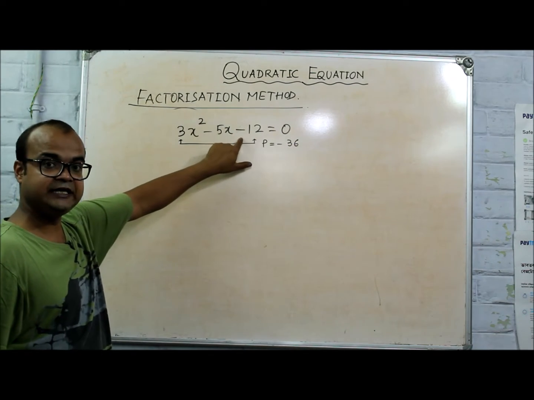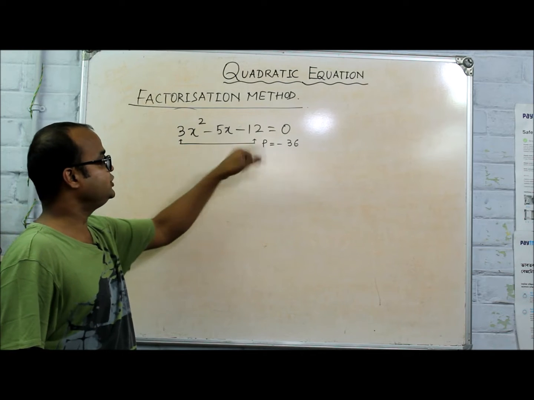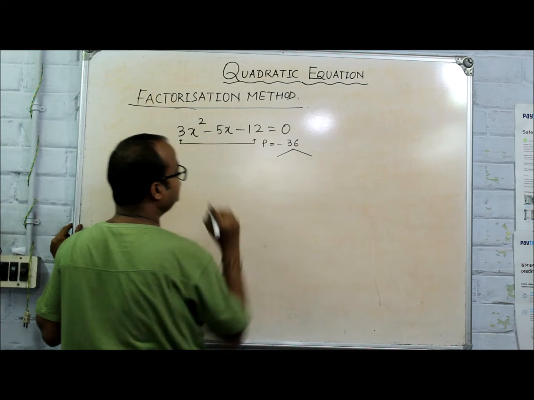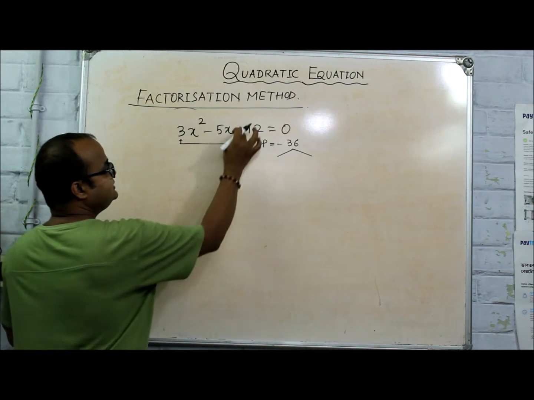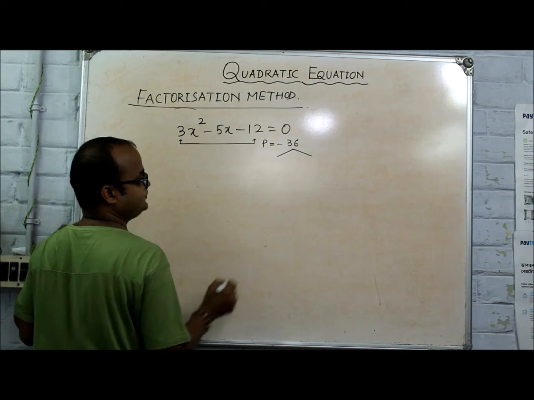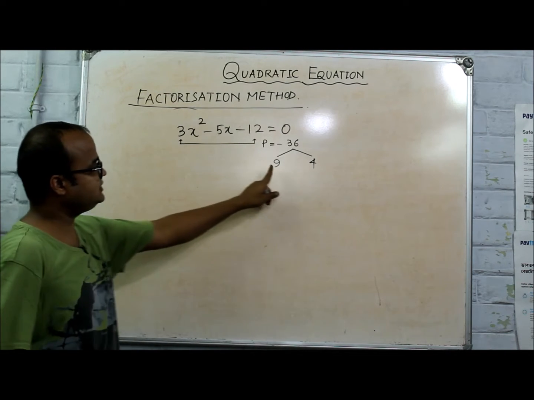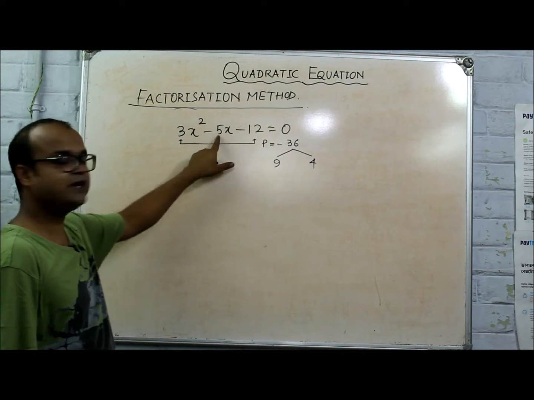This sign indicates which operation we need to apply. So 36 needs to be divided into two parts such that their difference is 5. So 9 and 4, and if you subtract 9 minus 4, you will get 5.